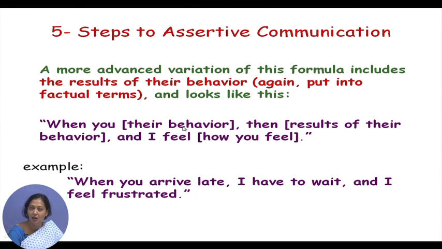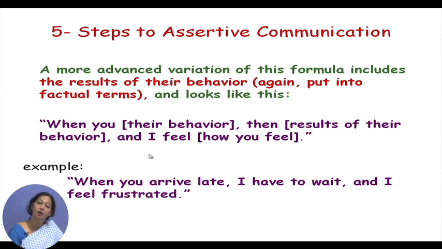That is the behavior that you are not happy with. So, remember that in assertive communication you can write this statement down as: when you, then the behavior that you are not happy with, then the results of the behavior, then what happens.